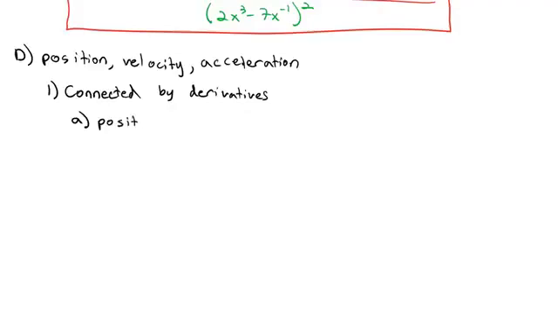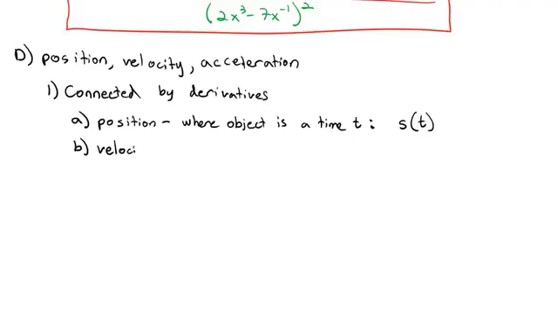The position describes where the object is at time t. And we will use the function s of t to represent the object's position at a given moment of time. But it's moving. And so to describe the speed or rate at which it's moving, we have the velocity, which can be thought of as speed, but speed doesn't really have a direction.